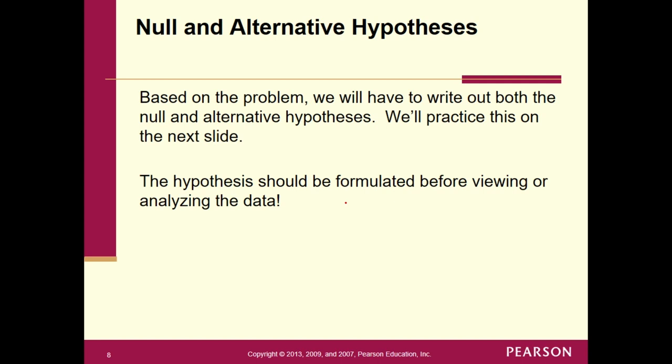So you don't look at the data and then say, hey, I'm going to go ahead and test this. No, you actually formulate the hypothesis, you go get your random sample, and you test your hypothesis. Don't do them in reverse.